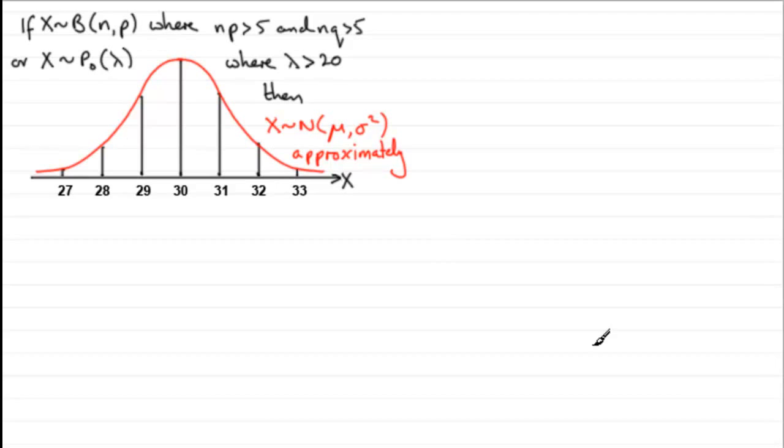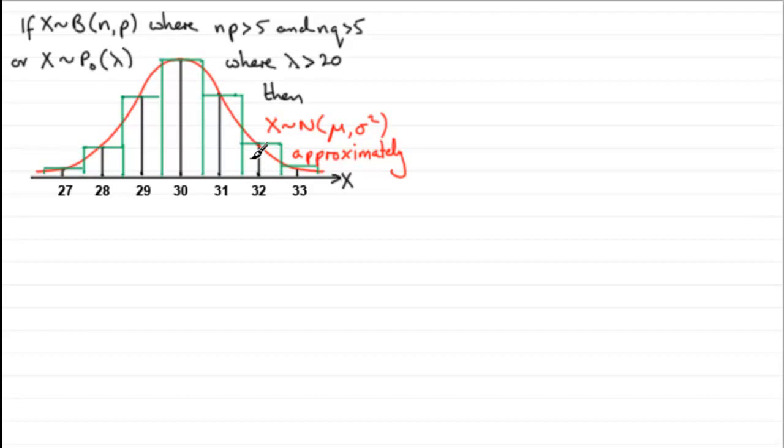So to get around this problem, what we do is that we imagine boxes of unit width surrounding these discrete values. So for instance, if I took this value 29 and we had a width of 1 unit here, this would be 28.5 and this would be 29.5 and so on.